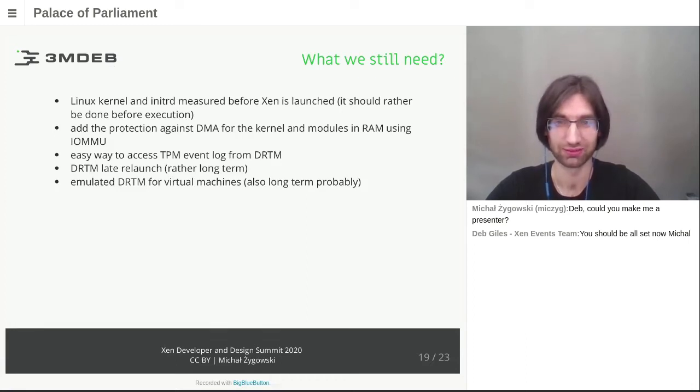And also, as was probably mentioned by Daniel in the previous presentation, we would like to have DRTM late relaunch, so we can relaunch our software and remeasure it at any time. And preferably, we would like to have DRTM for virtual machines, so an implementation of emulated DRTM would also be cool. But these last two are quite long-term items.